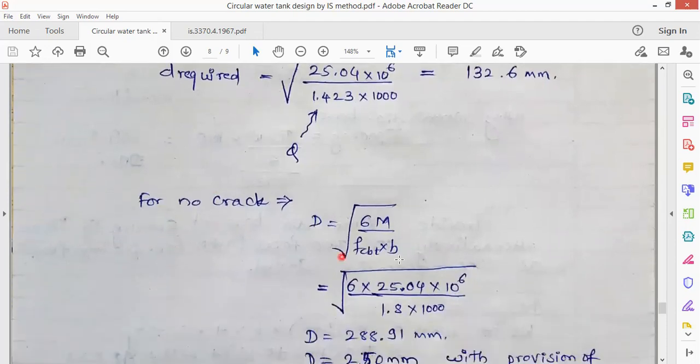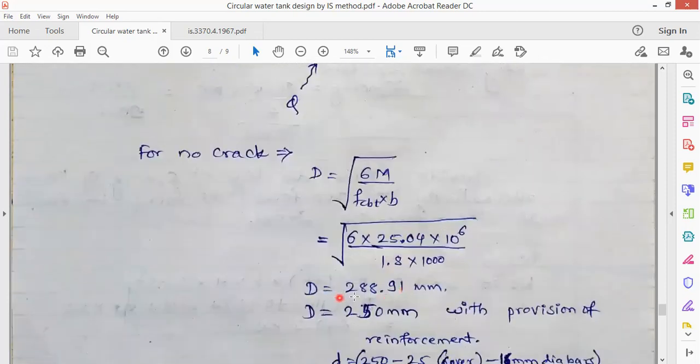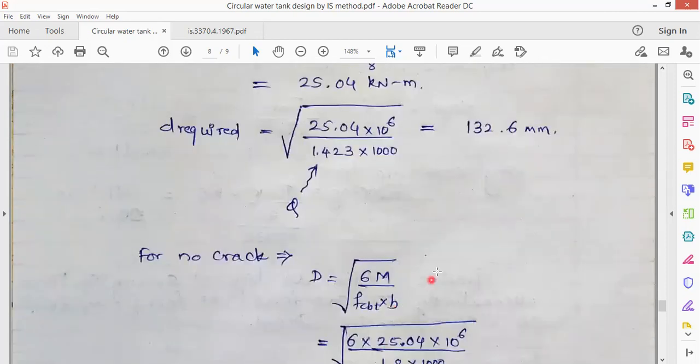So again with the no crack criteria we have, D is equal to square root of 6 into M, the moment, divided by F CBT or sigma CBT into B. Both are the same. B is 1000 and sigma CBT is 1.8, and substituting the value of moment which we have calculated, 25.04, I will obtain D is equal to 288.